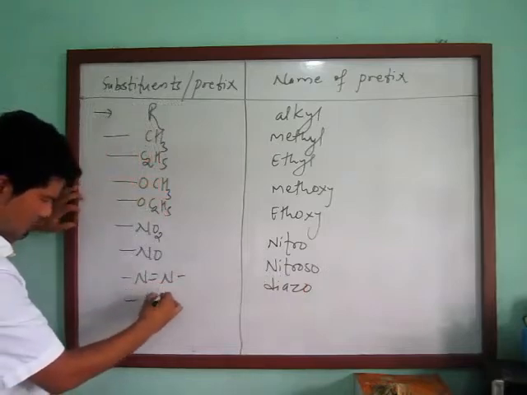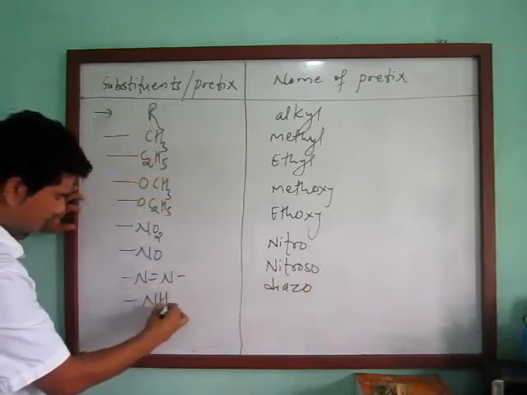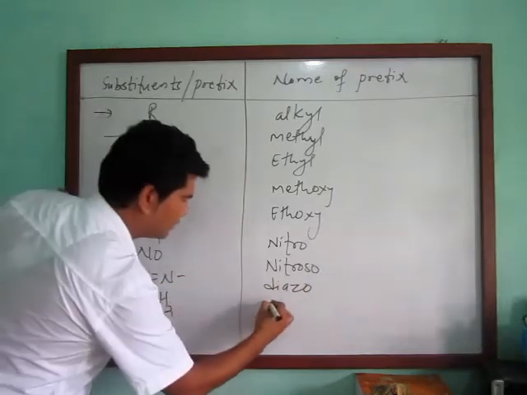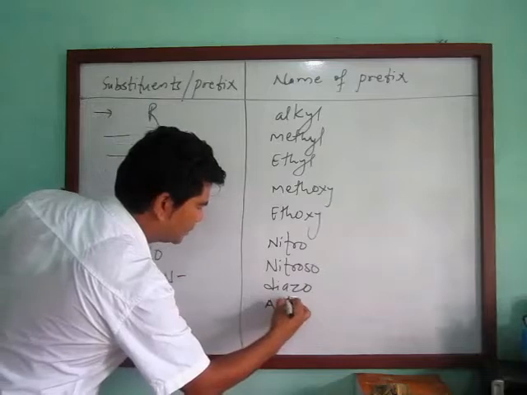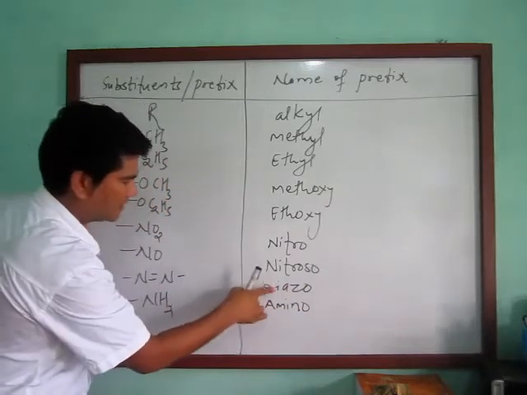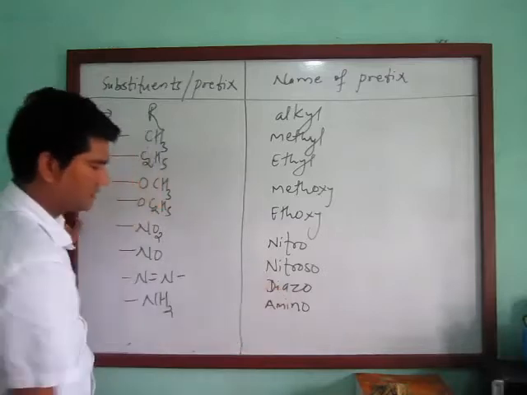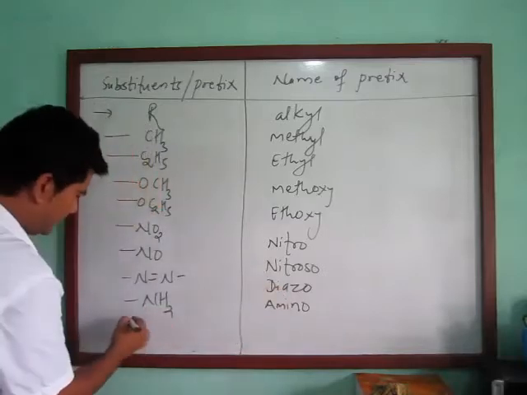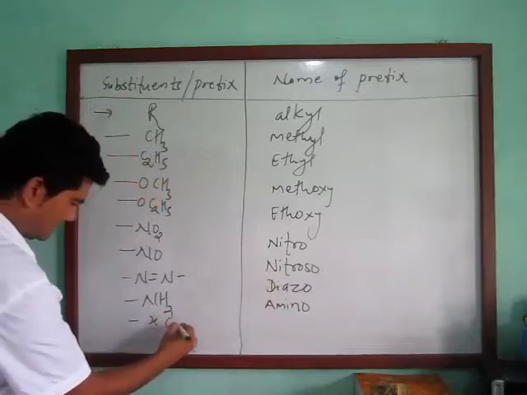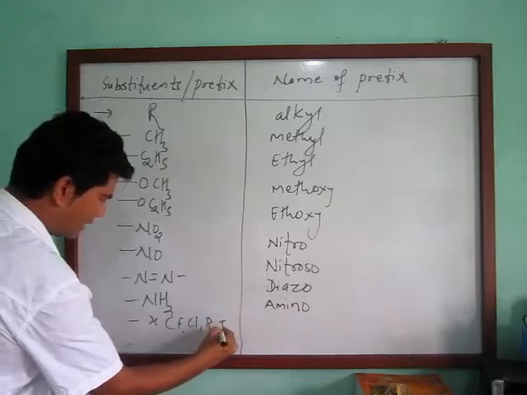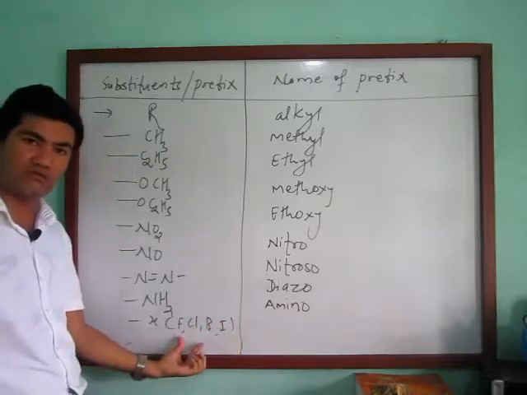Similarly, if there is NH2 groups, then we should use amino here, amino for the NH2 one. Similarly, if there is X, meaning fluorine, chlorine, bromine or iodine, these are the halogen family.